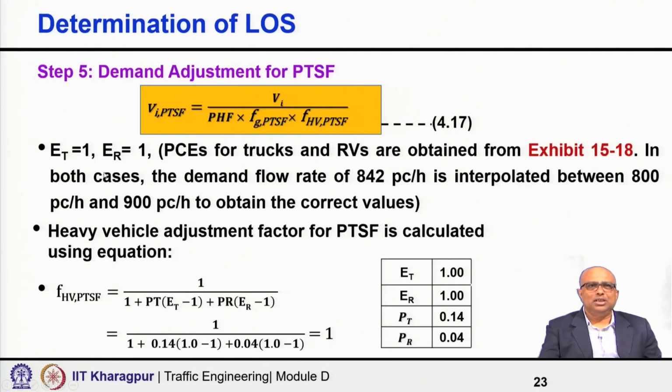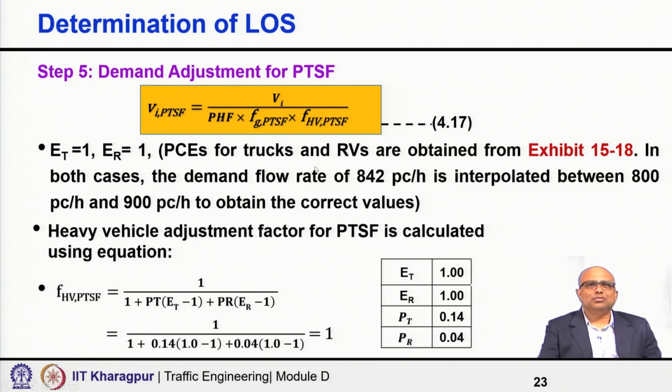So, you get ET equal to 1, ER equal to 1. You use this equation; the proportion of trucks and the proportion of recreational vehicles are known. So you can calculate this correction factor, which also comes out to be 1.